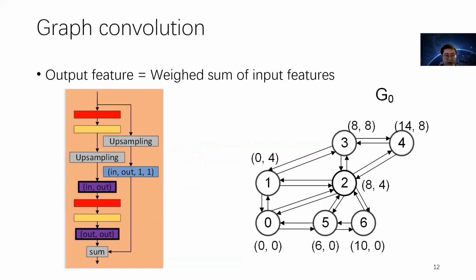Let's talk about graph convolution. The right figure shows the graph convolution for a node V02 in graph G0. The output feature is computed from a weighted sum of input features on node V02 and all its neighbors. The graph convolution details can be found in our paper.